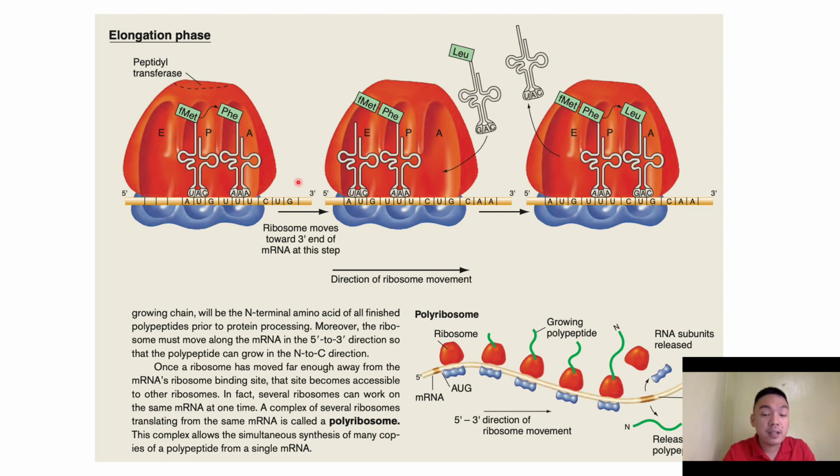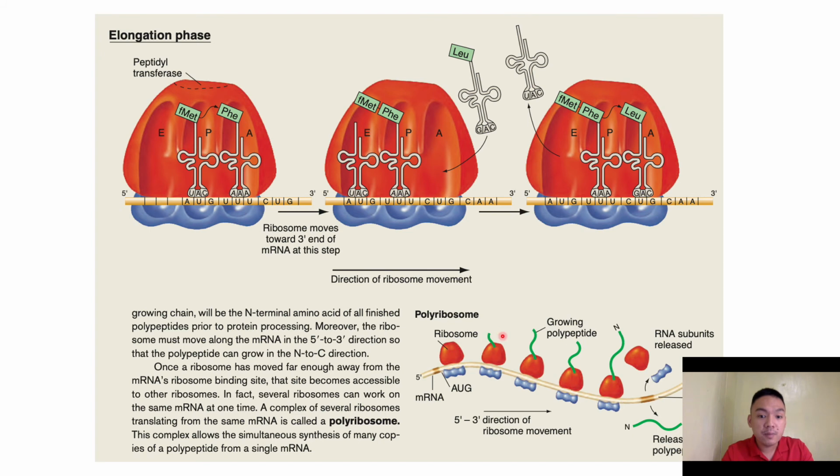The tRNA that is left, dissociated from its amino acid, will enter the E site, and then it will soon leave the ribosome. Again, the ribosome moves towards the 3' end of the mRNA during this step. This is the direction of ribosome movement, so they move from 5' to 3'.